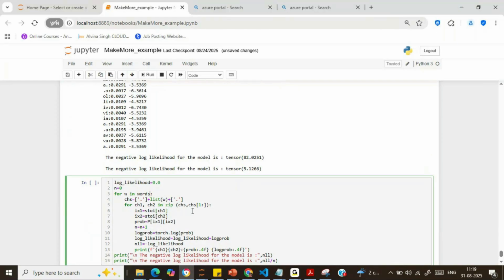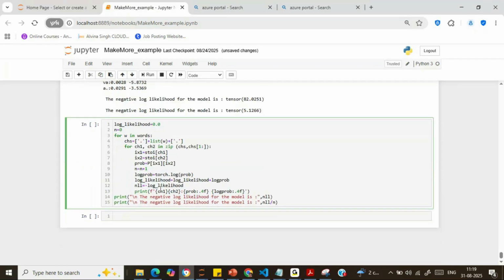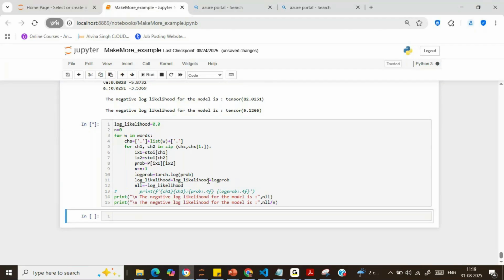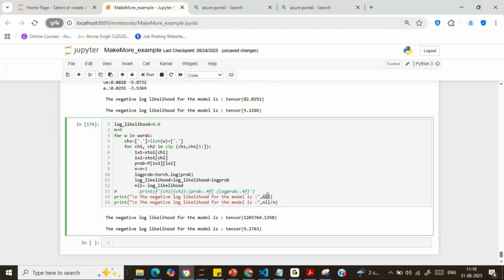And let's check this with respect to all the words we are having. I just remove this printing, because it will keep on iterating and a lot of resources will be consumed. Let me run it. So it will give me the sum of all the combinations.